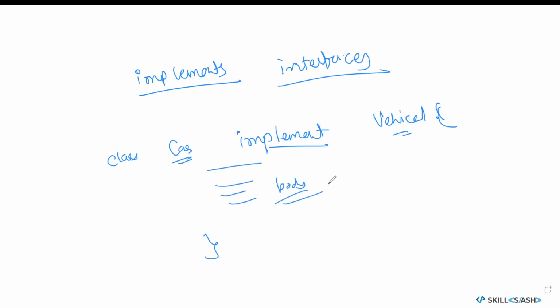Body in the sense of whatever business logic I want to put. And it is possible. Just like we know that interfaces and abstract classes are almost similar, you cannot create an instance of them. You cannot create an object of that.